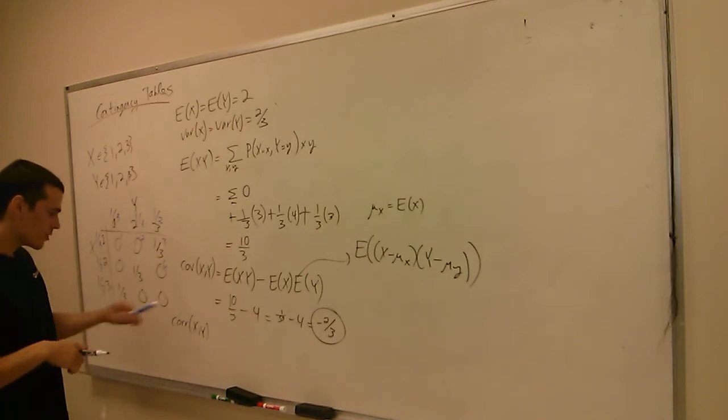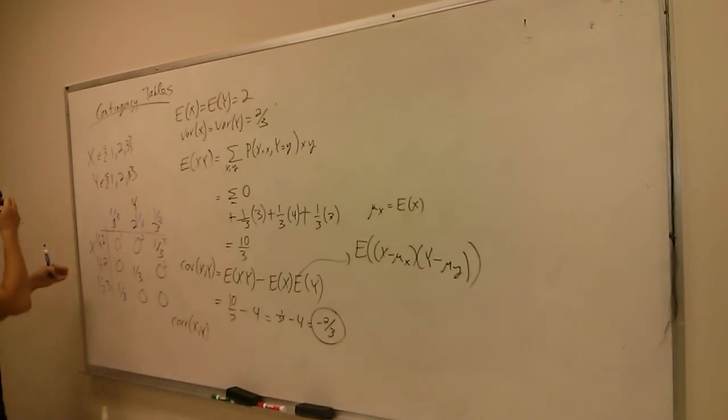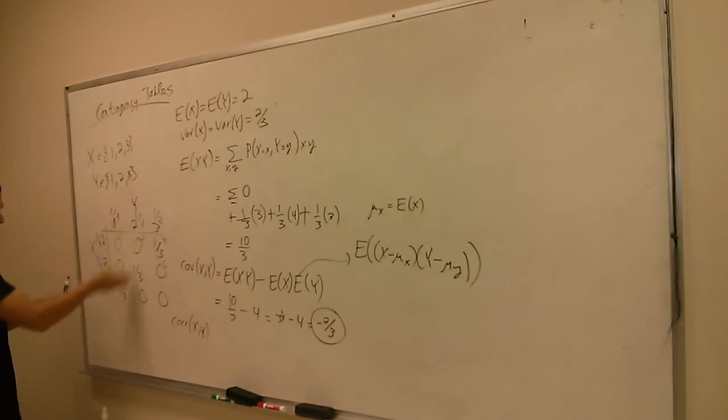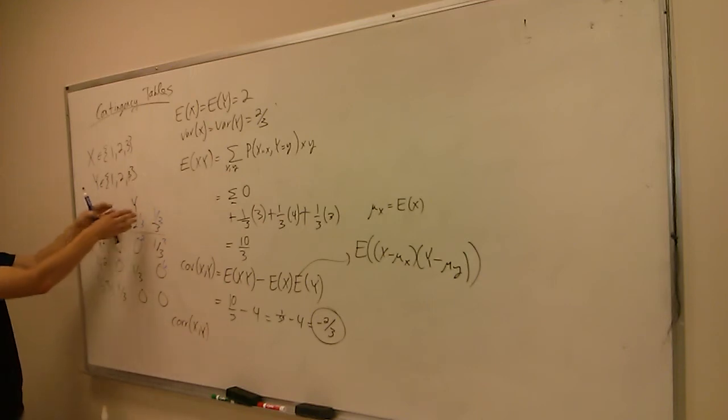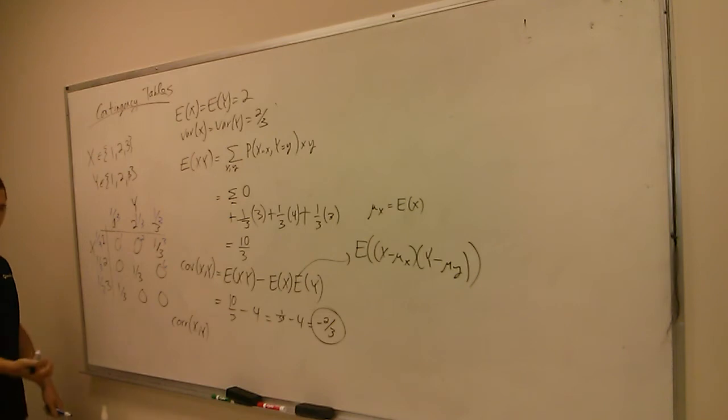So the correlation is just the covariance, but corrected. Covariance tells you the slope of this line, right? And correlation corrects for the variance in x and the variance in y. So if x varied a lot, you would be dividing by that. So this is like a normalized version of how much x and y vary.